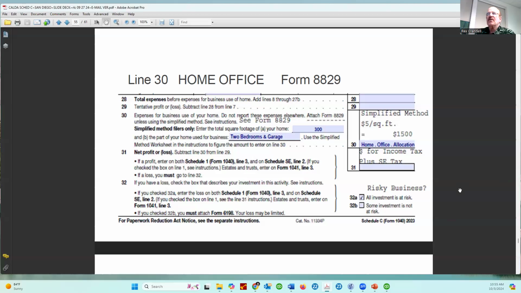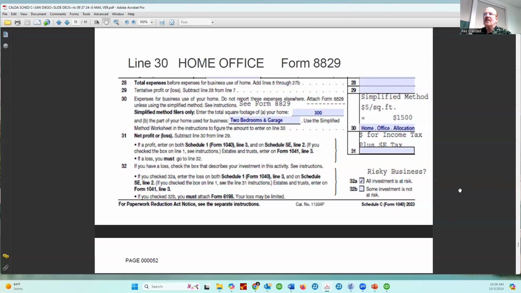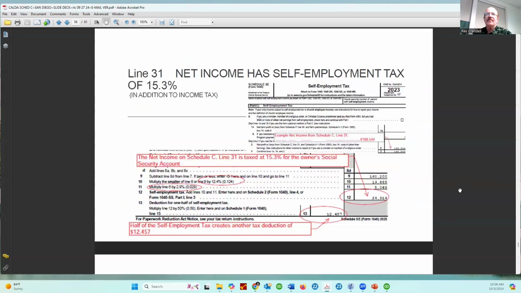And so a sole proprietorship has two taxes on its net income: the income tax plus self-employment tax, which is equivalent to a W-2 employee having Social Security withheld. The difference is that on a W-2, the employee only pays half of the Social Security on wages.